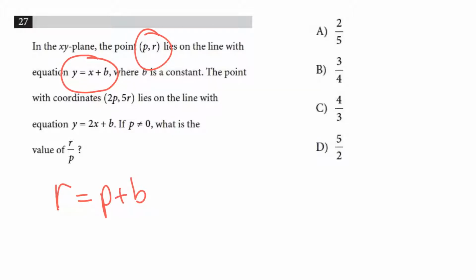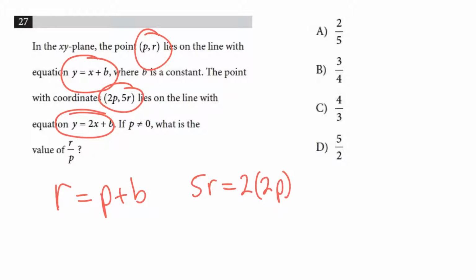And if this point lies on this line, then we can substitute those x and y values. In this case, we have 5r for y, and x is 2p plus b. All right, so we want to figure out what r over p equals.